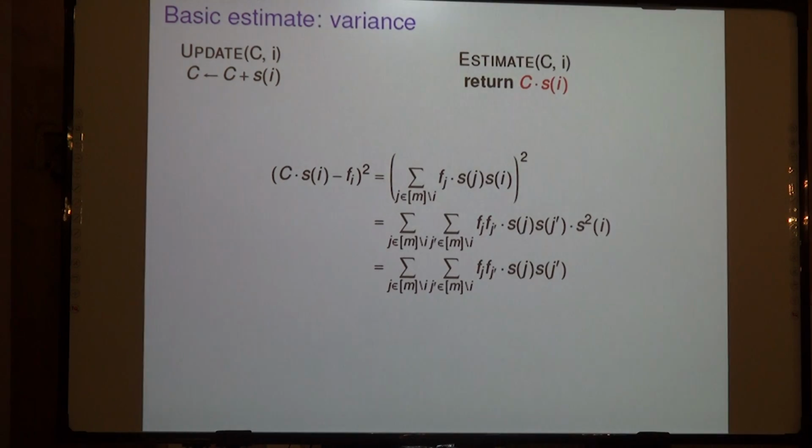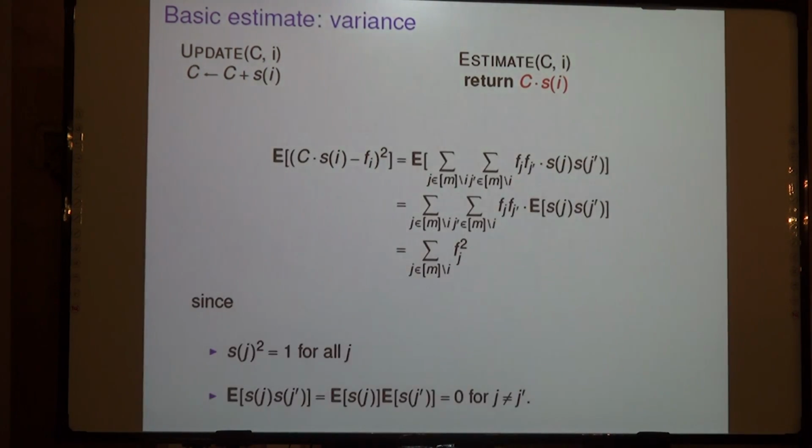Well, this is good. Now we open it up again. We get a double summation. The square of the sum is the sum over j in the universe minus our item i, and j prime of the same type, of the product of frequencies times the signs. So we put the expectation on top of this. We take the expectation of both sides. And what do we get?